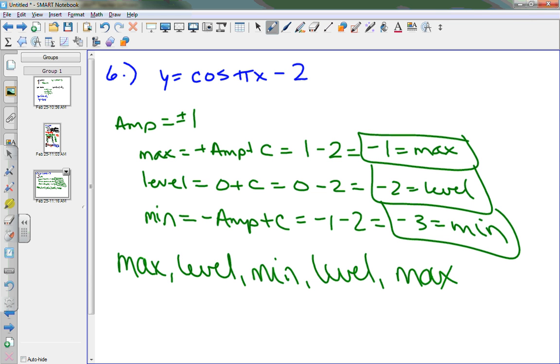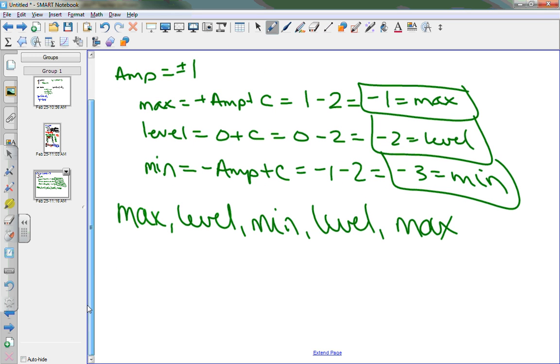Agree? Now my question to you is this: am I flipping it by any means? In other words, is my amp negative? No, my amp is not negative, so I'm not flipping it over the x-axis. Is my angle negative? My angle is pi x. Pi is a number, right? So am I flipping it? No. So I know my max, level, min, level, max is going to hold true here. Do we all understand that?